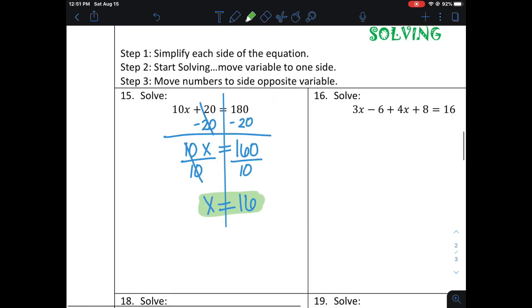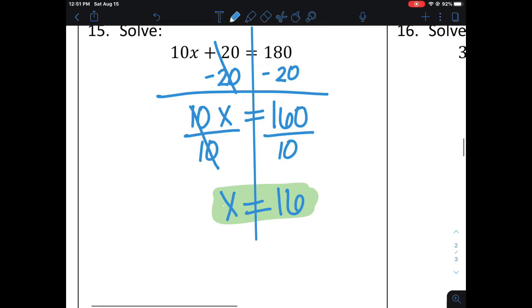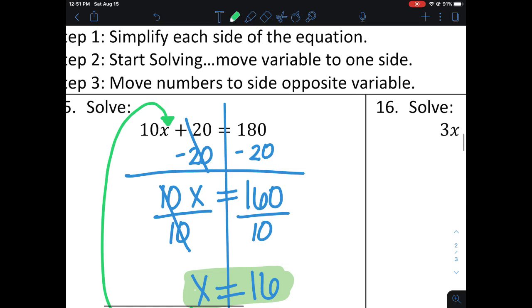If you don't trust your math skills and you're not sure if that's the correct answer, you can always take your answer and plug it in for x and see if the equation is true. So for this, x equals 16. I plug in 16 for x. I get 10 times 16 plus 20 equals 180.